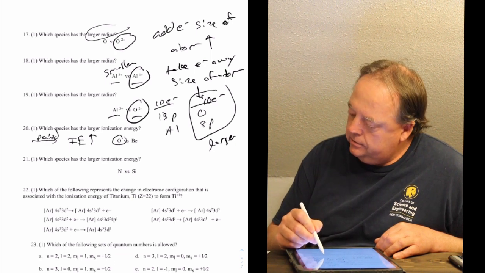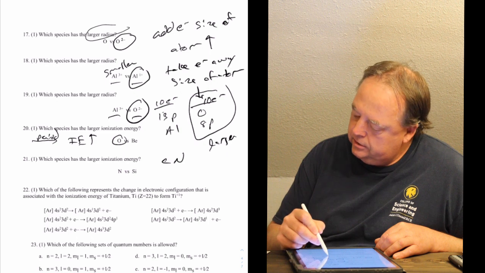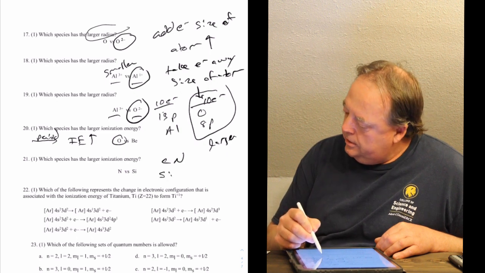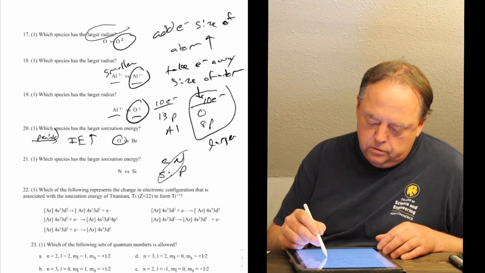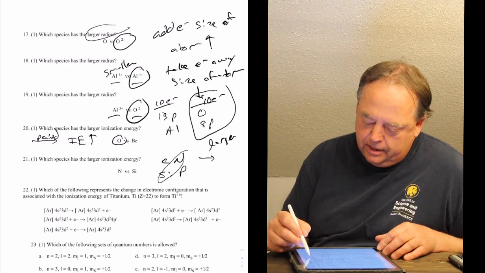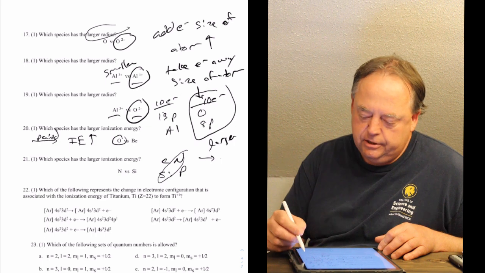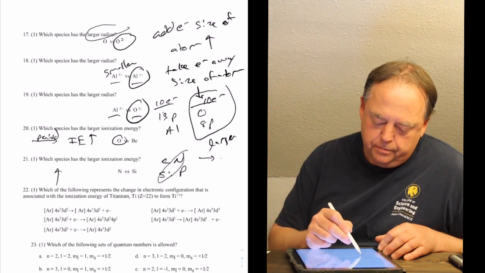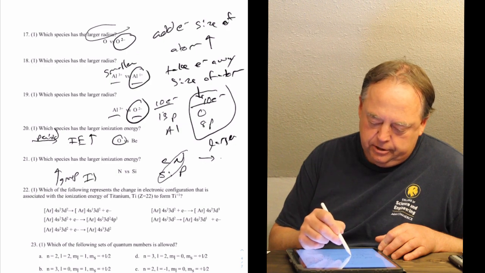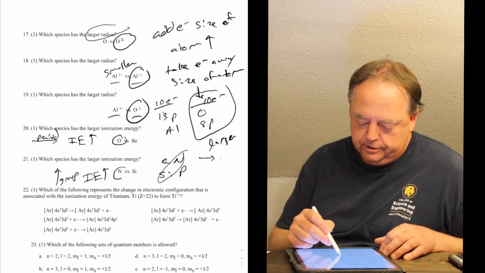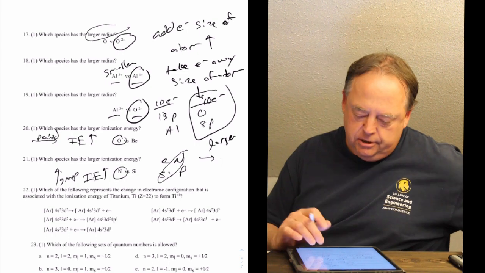If we're comparing carbon, nitrogen, silicon, phosphorus, nitrogen is more to the right, so it's going to have higher ionization energy, and also as you go up the periodic table, ionization energy goes up. So nitrogen is going to have a higher ionization energy.